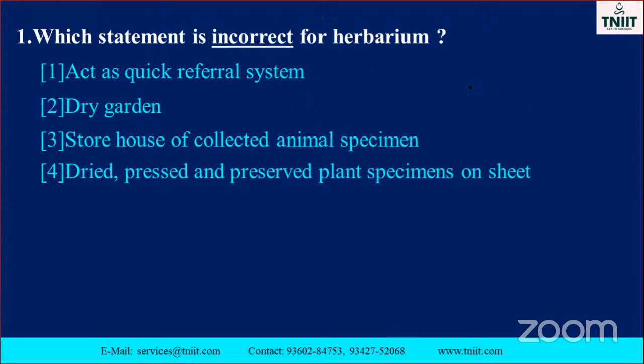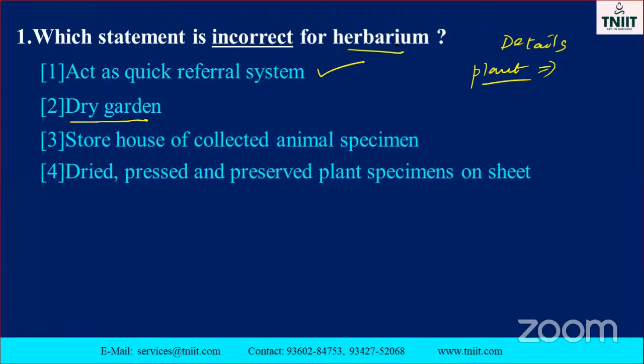Just imagine, suppose you want to know the details of any plant, you can refer to the herbarium only. So option one is a correct statement. And another one is that they are simply called a dry garden.